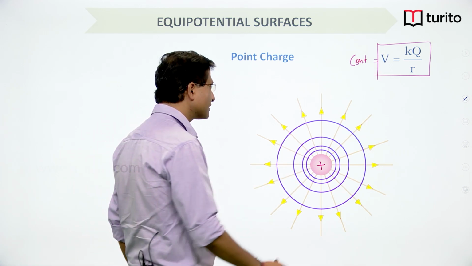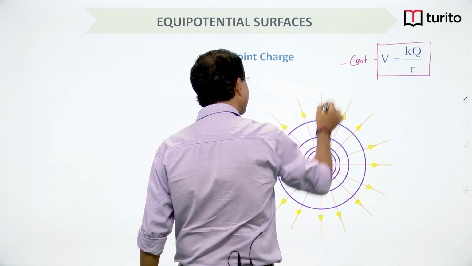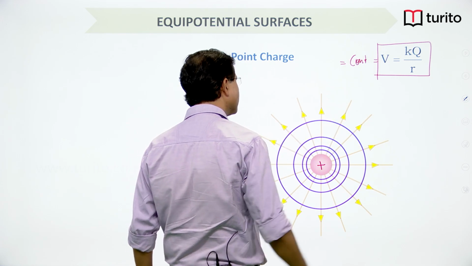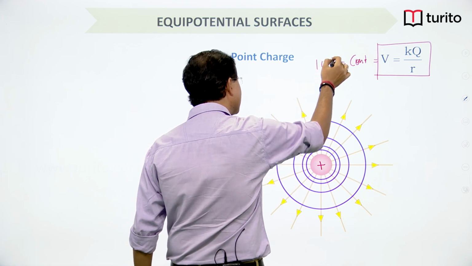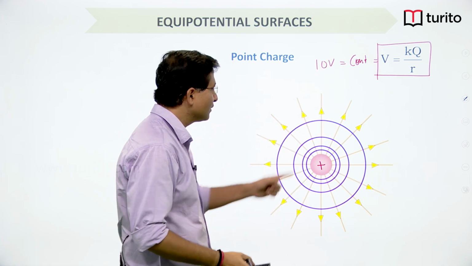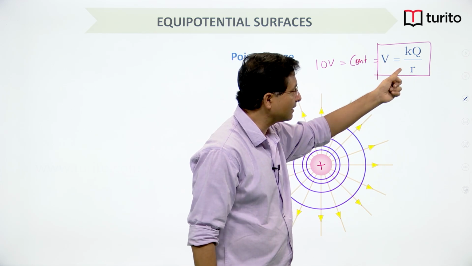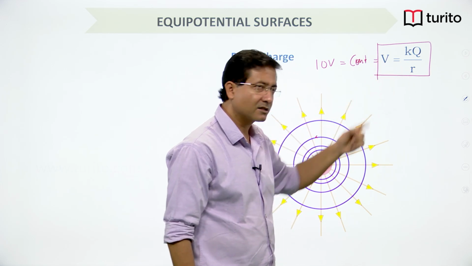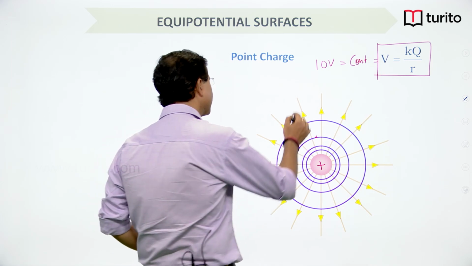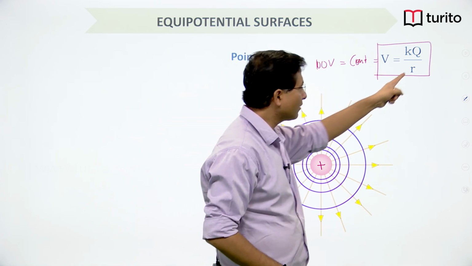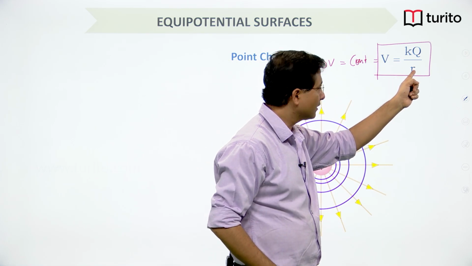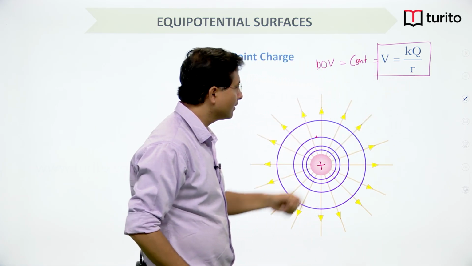For example, if I fix the value of this constant, say I want the potential to be 10 volt, then because these values are constant, you are getting a circle of a particular radius. Similarly, if I make it 100 volt, then obviously the radius will be somewhat different for that particular potential.